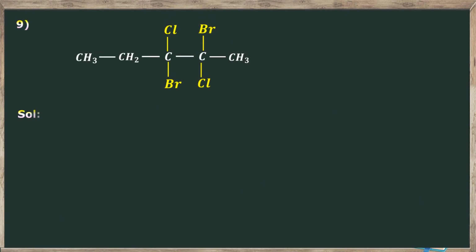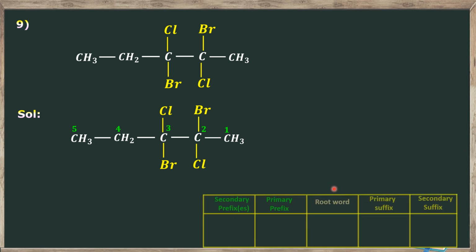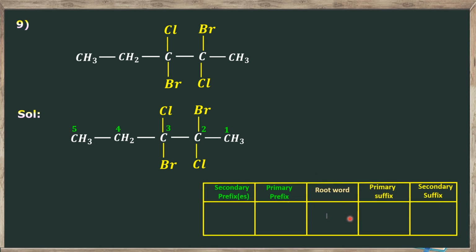Next, problem number 9, solution. So I am numbering the parent chain from right to left for the same reason mentioned above. 1, 2, 3, 4, 5. Root word pent, primary suffix ane, secondary prefixes, otherwise substituents, bromo and chloro.